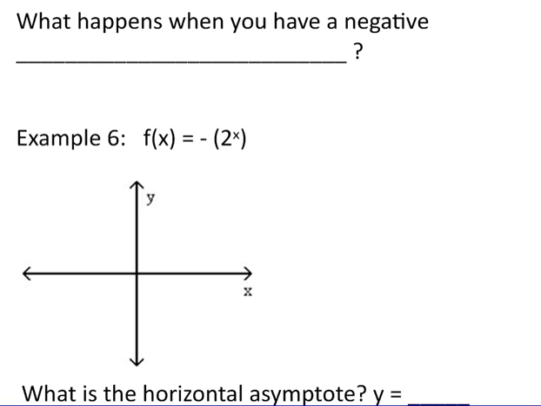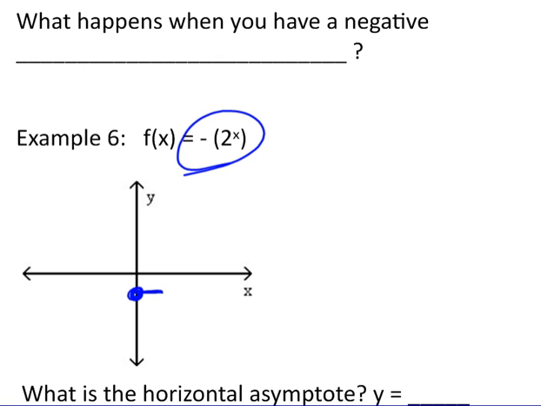This one's slightly different because I have a negative. Just like when we're graphing anything, if you have a negative in front, that's going to flip it upside down. So instead of going through this point, I'm going to take the graph and flip it upside down. So it now goes through this point.